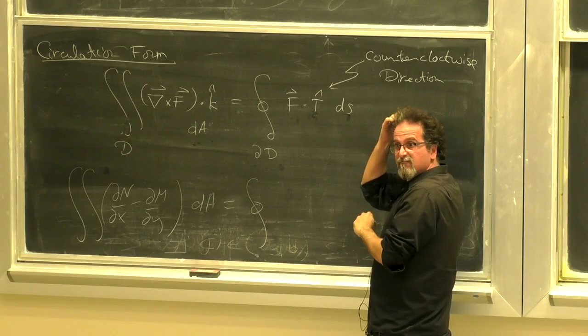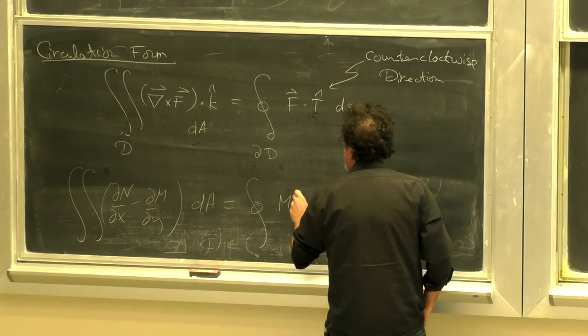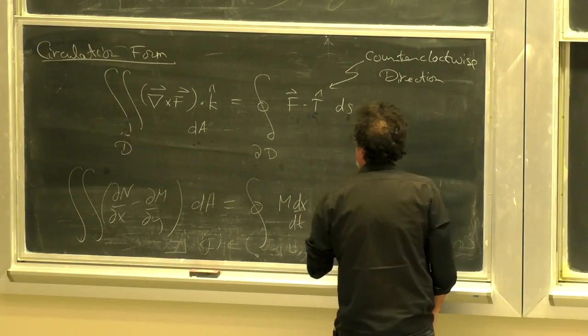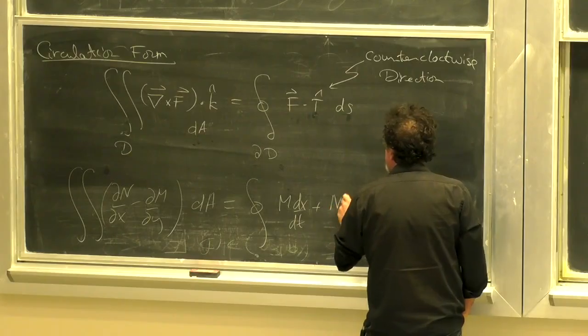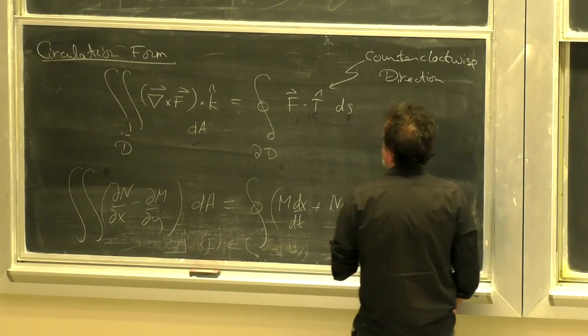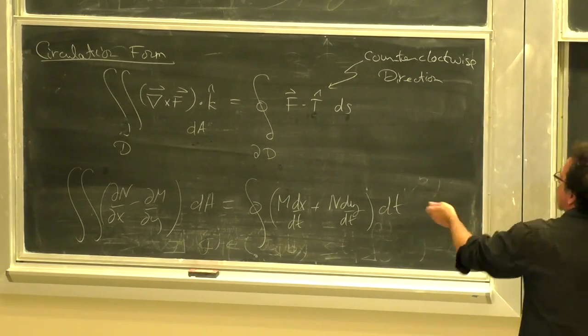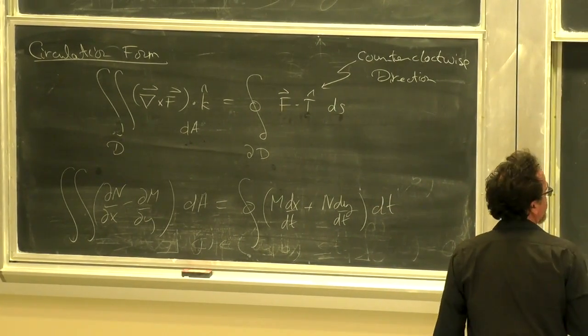That's it, right? You can probably skip a step at this point. So this is going to be M dx/dt plus N dy/dt times dt. And that's the circulation form of Green's theorem.